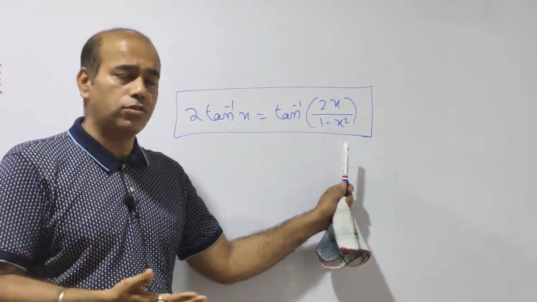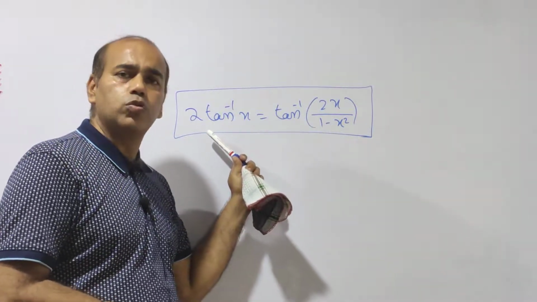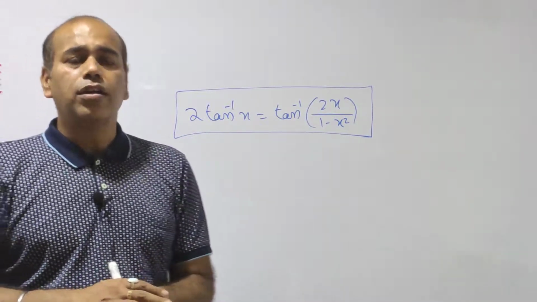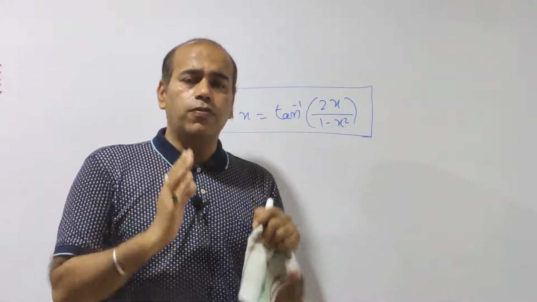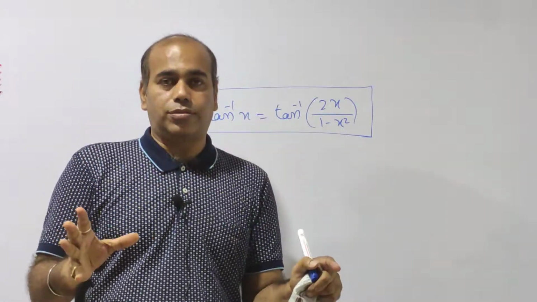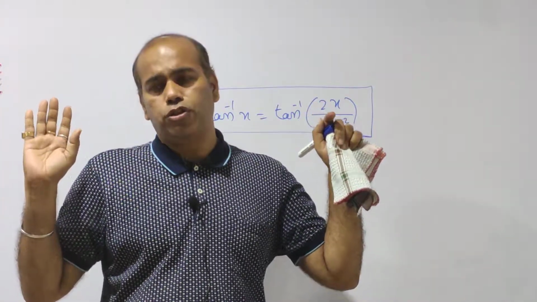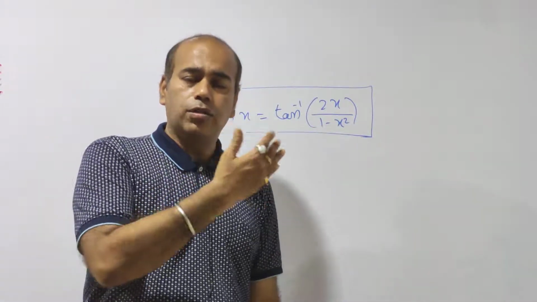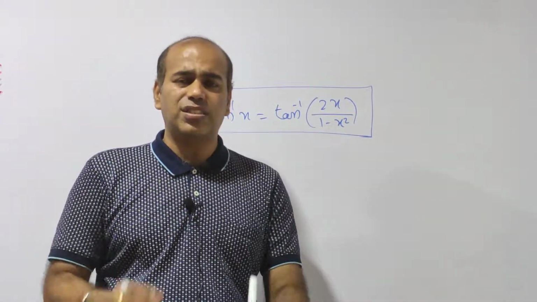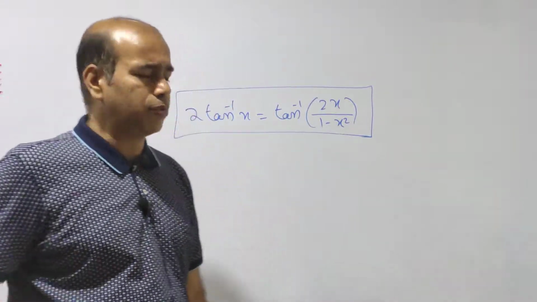I will consider the RHS and prove that this is 2 tan inverse x. In fact, if you open your books, you will find that these are all questions there. But these are generally the formulas which you can use for inverse trigonometry. And the proving also I am showing you because it is mentioned in the syllabus and this sort of questions are very common in exams.